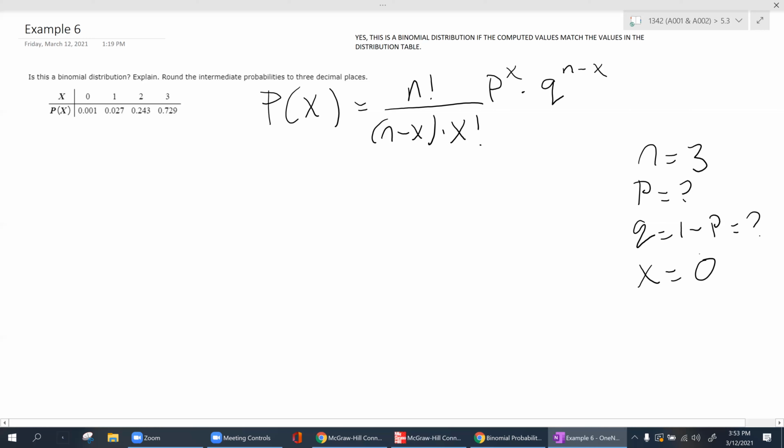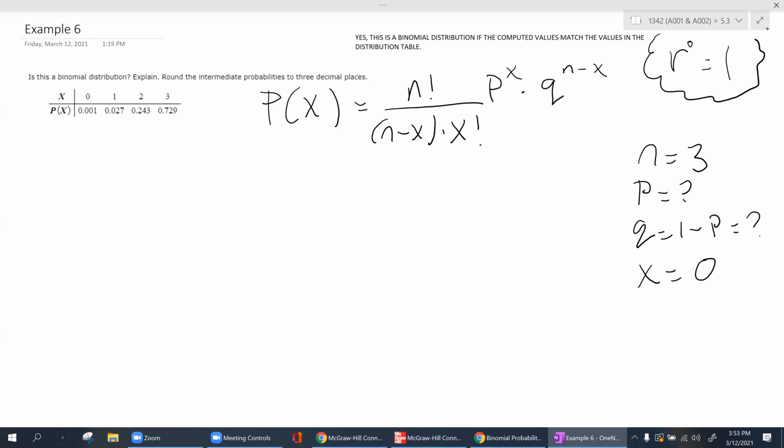Like I said before, you can choose this one, this one, this one, or this one to start off with, but you always want to focus on x equals 0. It goes back to anything to the 0 power is just 1, and that's going to come in handy right now.